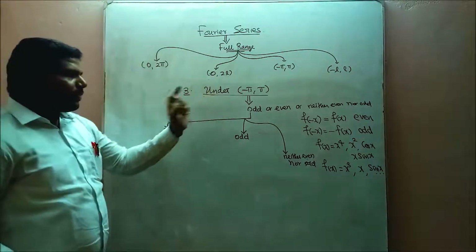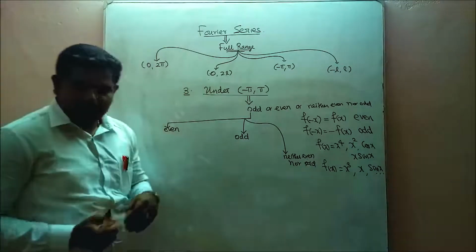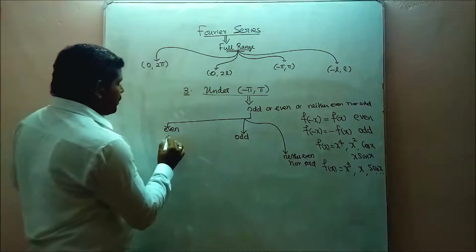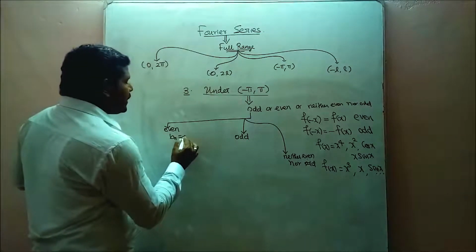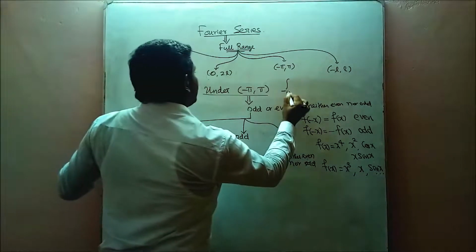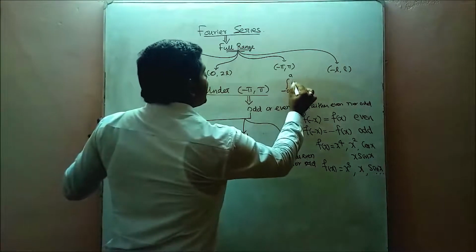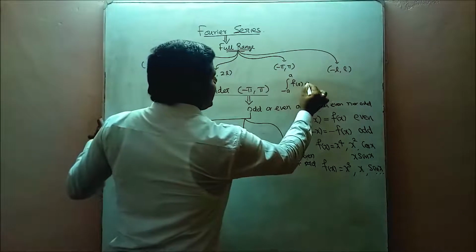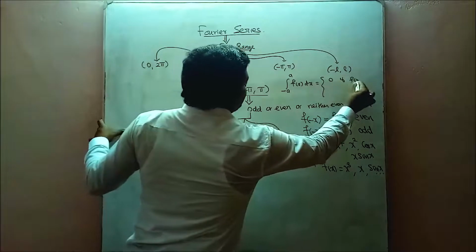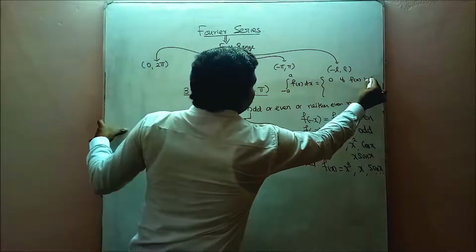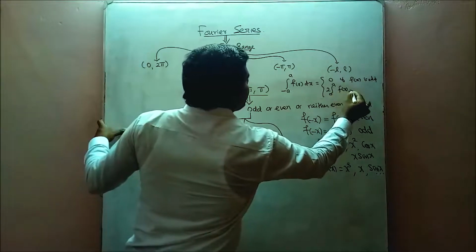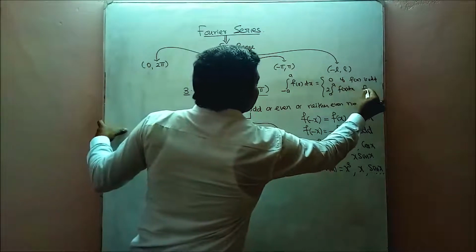கொடுத்திருக்கக்கூடிய function even அப்படின்னு தெரிஞ்சிச்சுன்னா, immediately we can take bn value is equal to 0 according to the property. அது ஏன் bn value 0 எடுக்கிறோம் அப்படின்னா, நமக்கு property இருக்குது: integral minus a to plus a f of x dx is equal to 0 if f of x is odd, and 2 into integral 0 to a f of x dx if f of x is even.